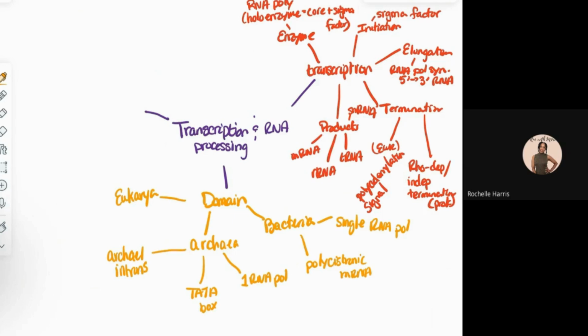With eukarya, there are 3 branches: RNA processing, introns and exons, and then our last branch is that there are 3 RNA polymerases: 1, 2, and 3.